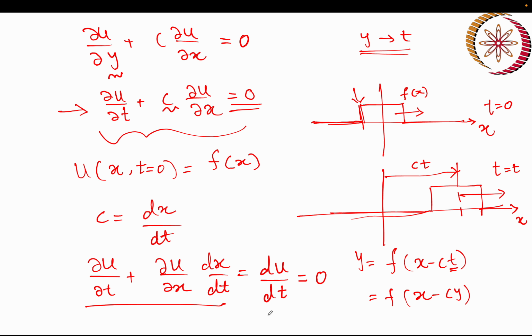So we can say that du/dt is equal to 0 if dx/dt is equal to c.